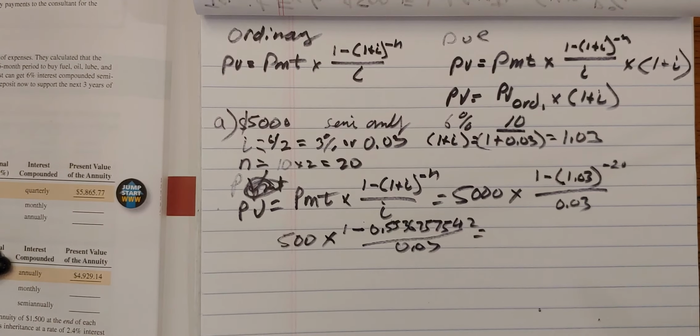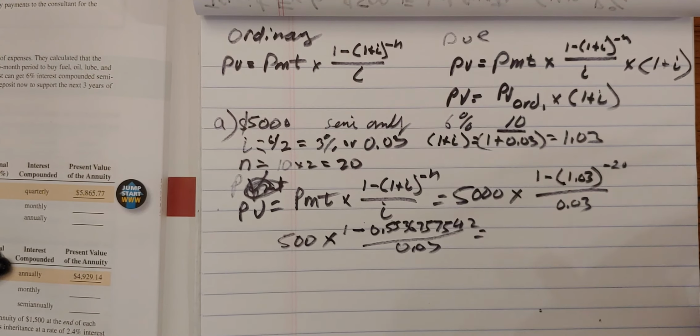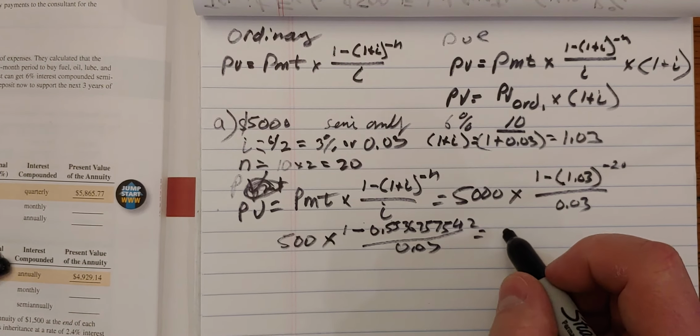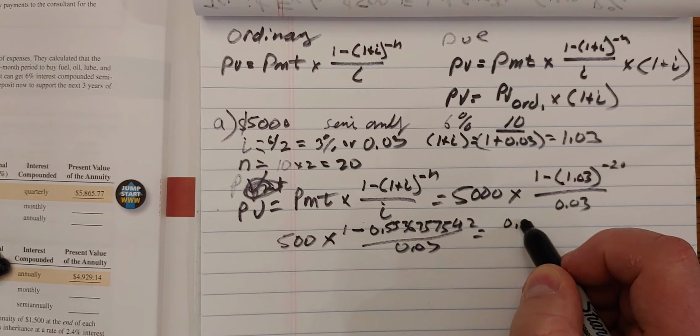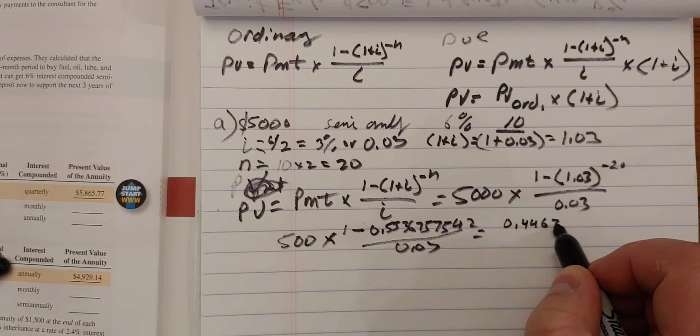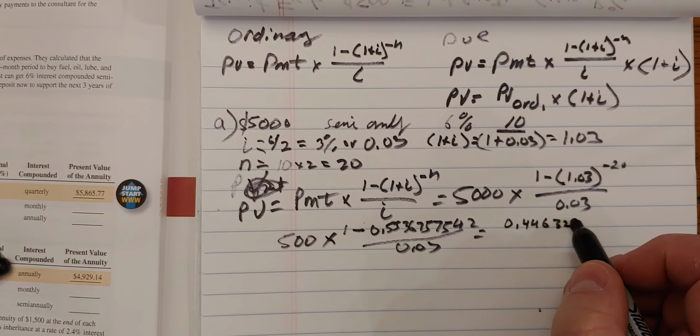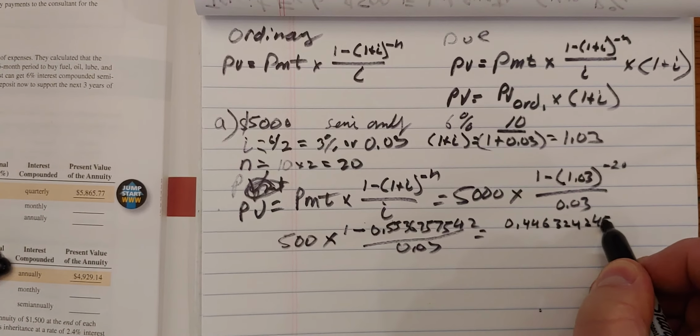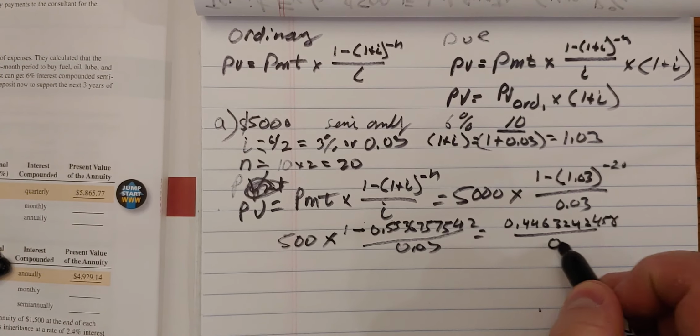All right, so we subtract 1 from it. So 1 minus 0.5536, should be 0.44632424458. Again, it's all over 0.03.